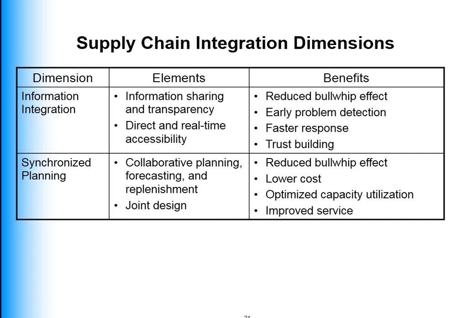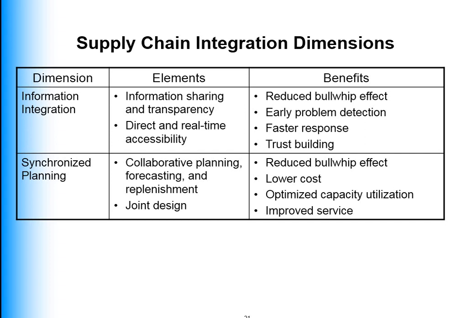Then synchronized planning. The elements are collaborative planning, forecasting, and replenishment, and joint design. Since you have that information, you will have synchronized planning with all the team. So you can easily forecast when you are going to deliver, and you can easily determine when to replenish the product.